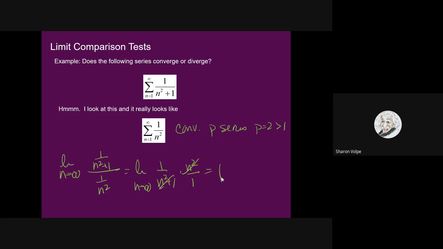As long as you don't get infinity, you can get anything except infinity, the series converges. So I would write both converge. Okay, I took an unknown divided by a known convergent. If you get anything besides infinity, your series converges.